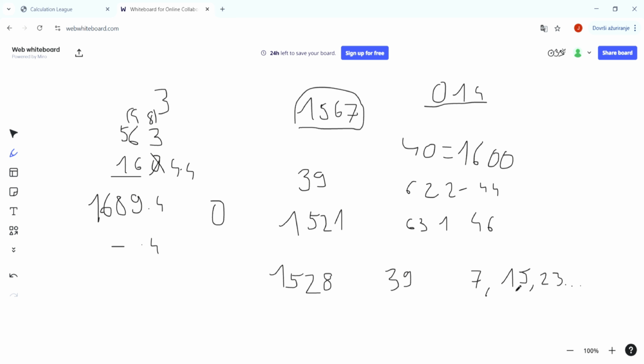So if we had the situation 1528, we could not use 39, we'd have to use 38. Then we'd have 84 left, because 38 squared is 1444, and 84 we can write as, for example, 8, 4, and 2.